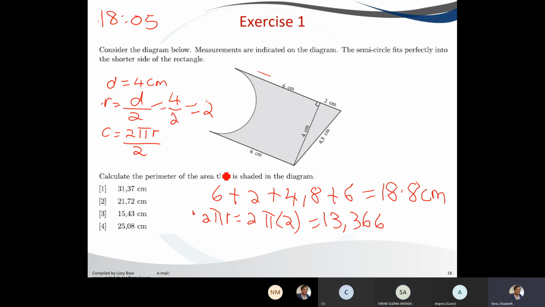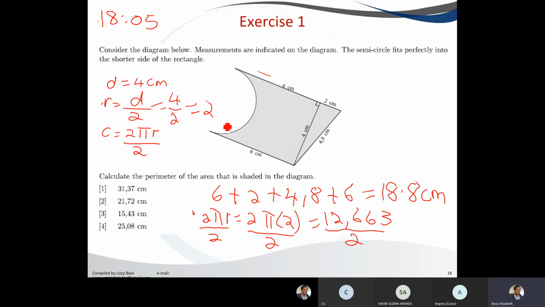Now, before you add to there, remember this is a half a circle. It's not a complete circle. I'm sorry, the answer should be 12.5663. Remember, this is not a full circle. This is a half a circle. So then it means you need to divide this by 2.